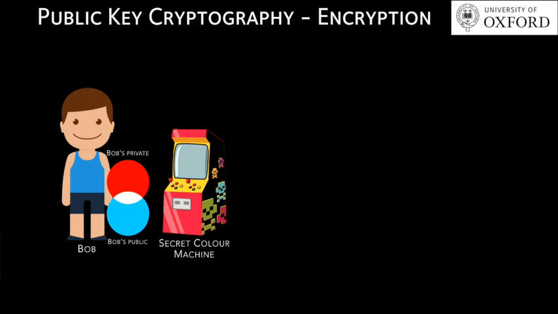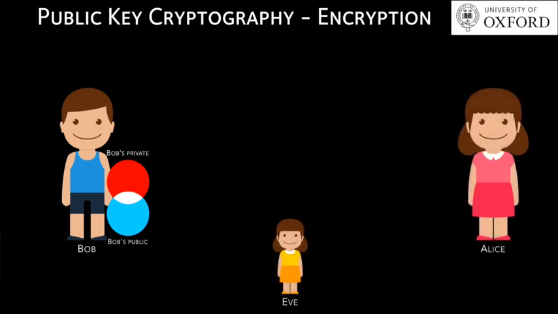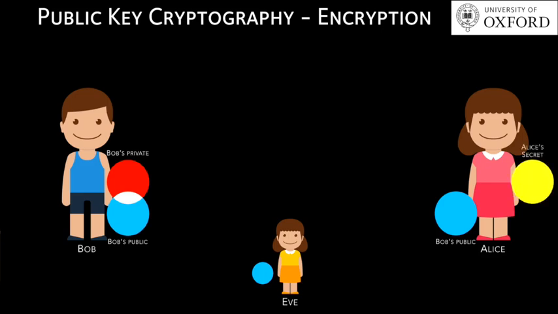So that machine gave him these two colors, and now Bob sends the complementary color over to Alice. Obviously, it was sent over in public, so Eve gets notice of that.